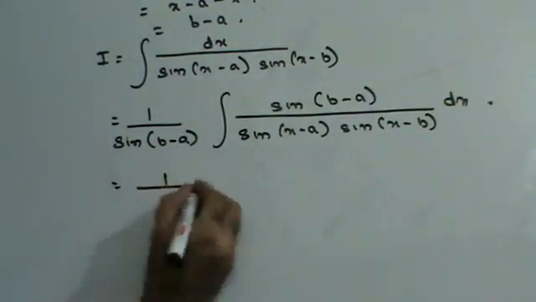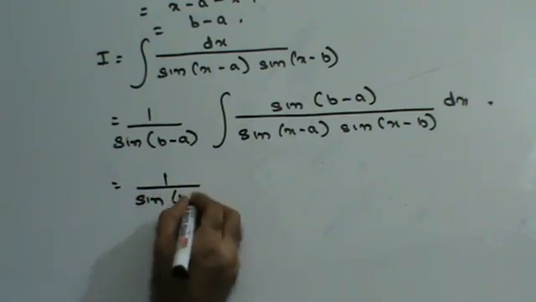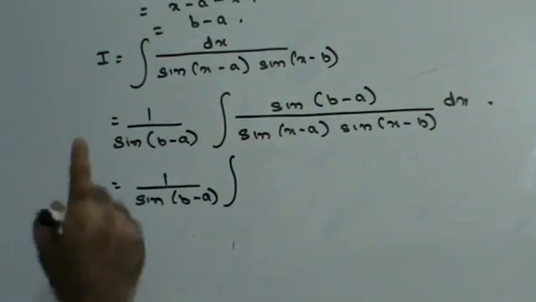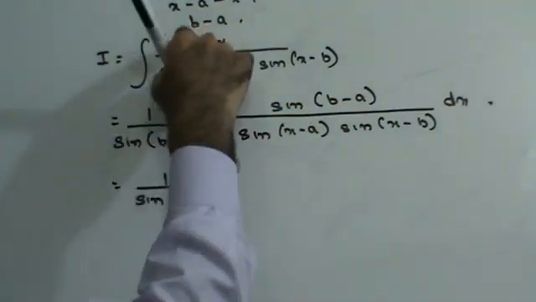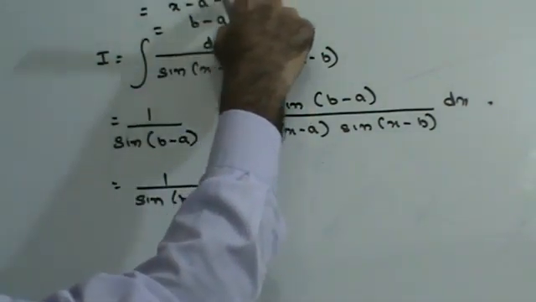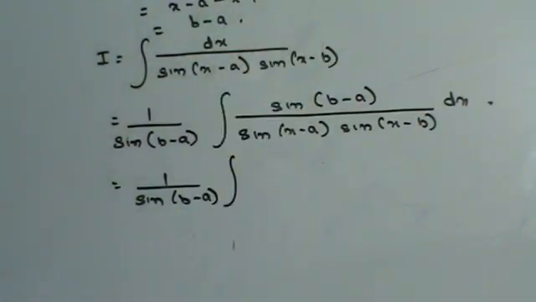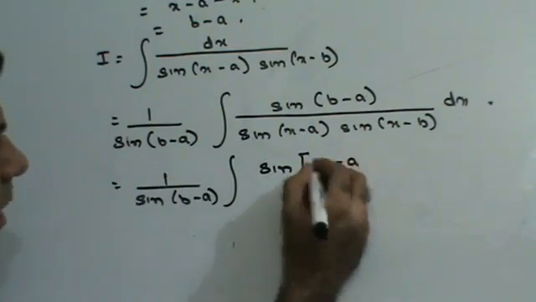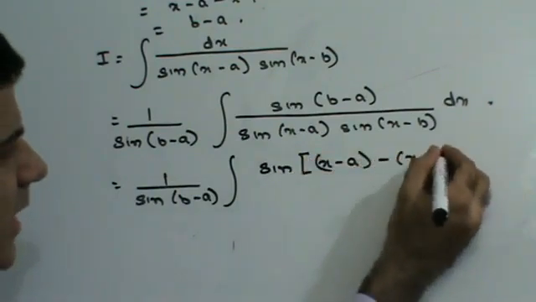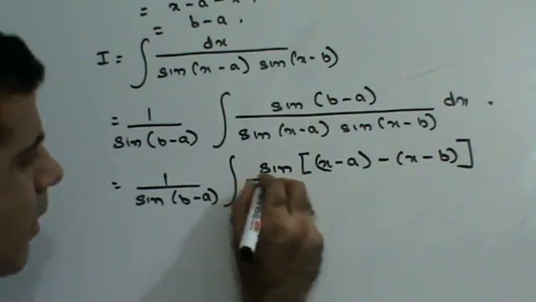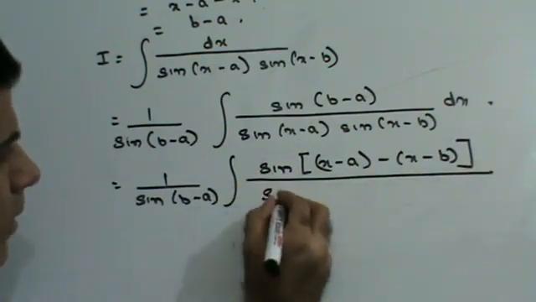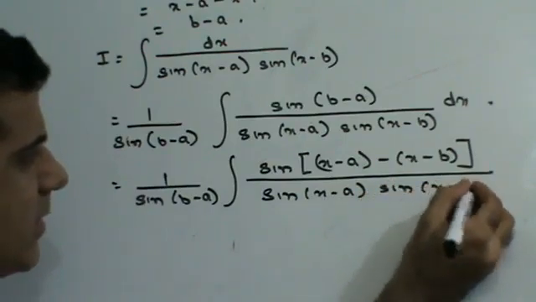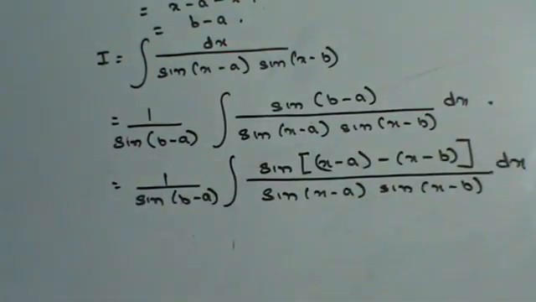This can be written as 1 upon sin(b minus a). I can say b minus a. Right in the beginning we said that b minus a is nothing but (x minus a) minus (x minus b). So this can be written as (x minus a) minus (x minus b) upon sin(x minus a) sin(x minus b) dx.